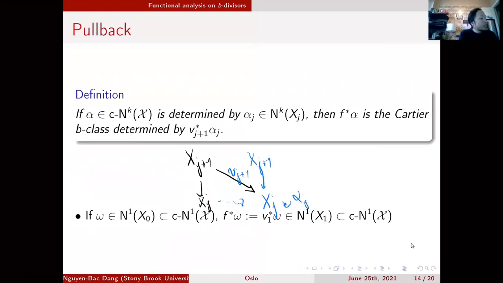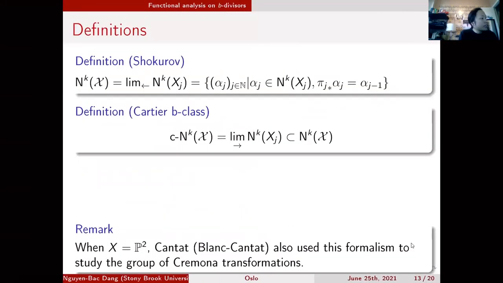Even in the definition of the space of b-divisors here, you need to work in the space of all, not birational transforms, but generically finite transforms of your variety. So at this stage you cannot work already.